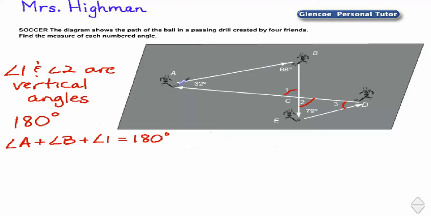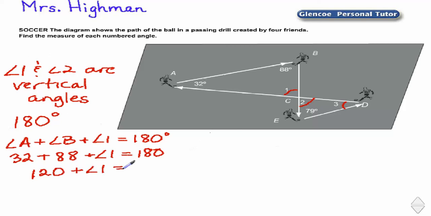Well, we know what angle A is. That's 32 degrees. And we know that angle B is 88 degrees. And we're trying to find angle 1. Okay, so we'll add together what we have, 32 plus 88, and that's 120, plus angle 1 should equal 180.